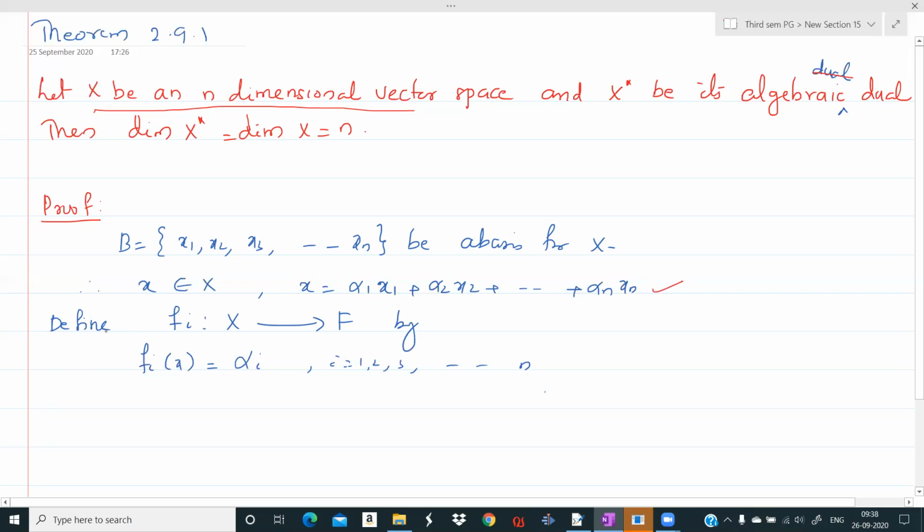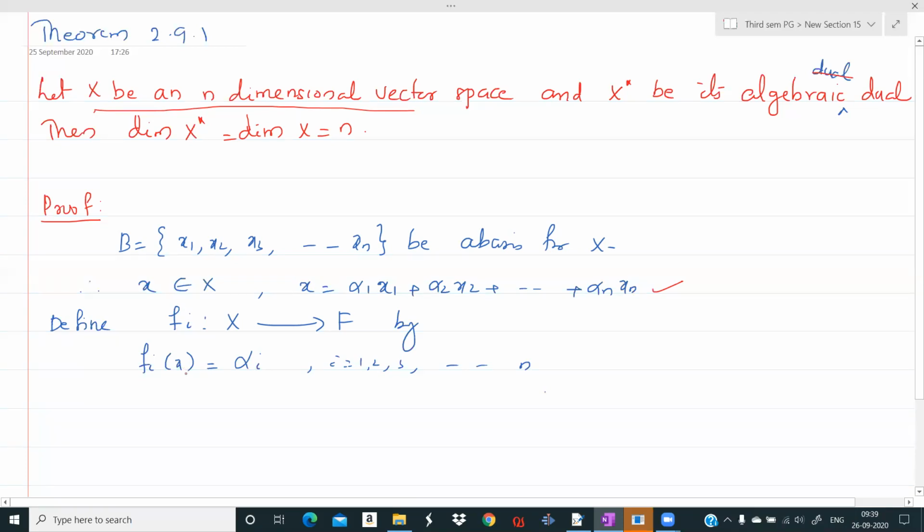Now we define n functions fi from X to the scalar field capital F, defined by fi of x is equal to alpha i. So what is alpha i? X നെ ഇങ്ങനെ ഒരു യൂണീക്ക് റെപ്രസെന്റേഷൻ ആയിട്ട് എഴുതുമ്പോൾ ആ റെപ്രസെന്റേഷനിൽ xi യുടെ കോഎഫിഷ്യന്റ് ആണ് fi of x.